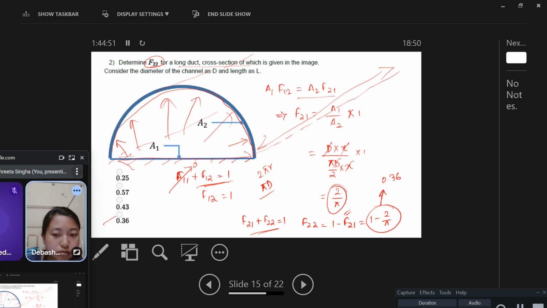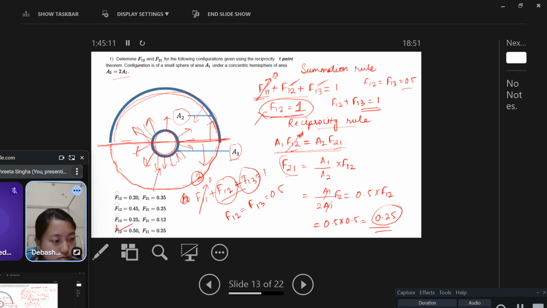Is it fine? Do you have any questions? These surfaces are closed. Okay, this A1 and A2, these are bounded. But here it is not. A1 is emitting something, but all of it cannot be received.